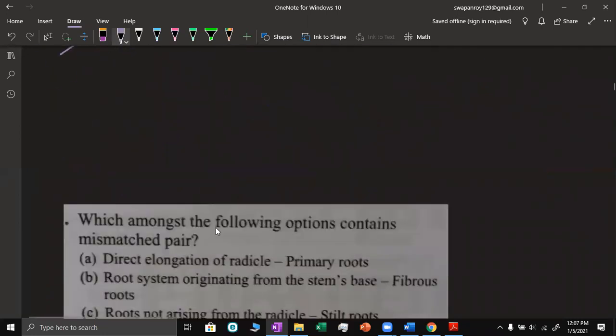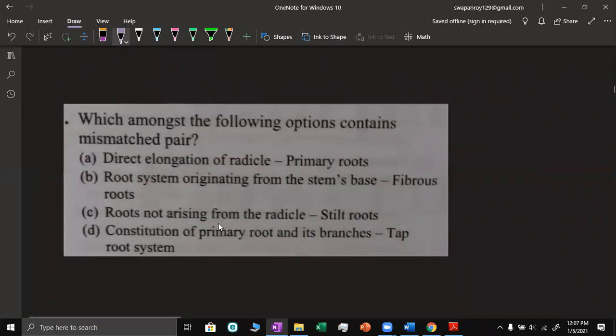This is our first question. The first question is, which among the following options contains a mismatch pair?